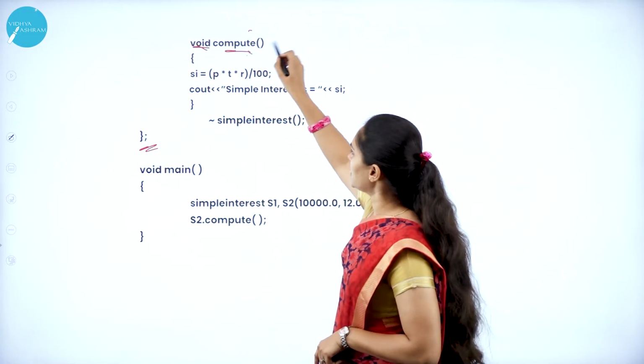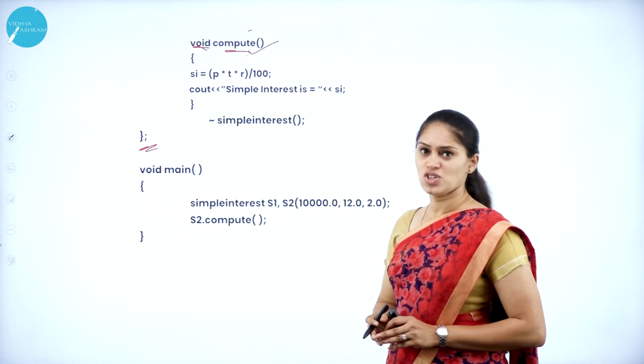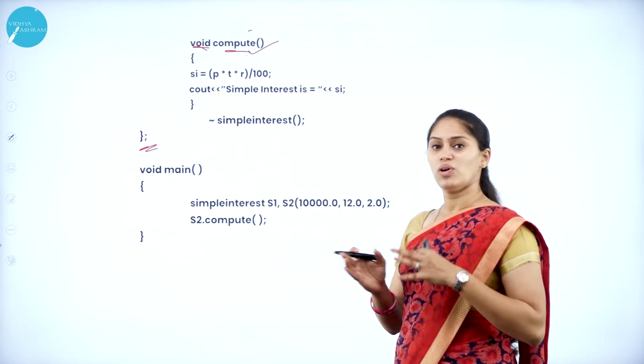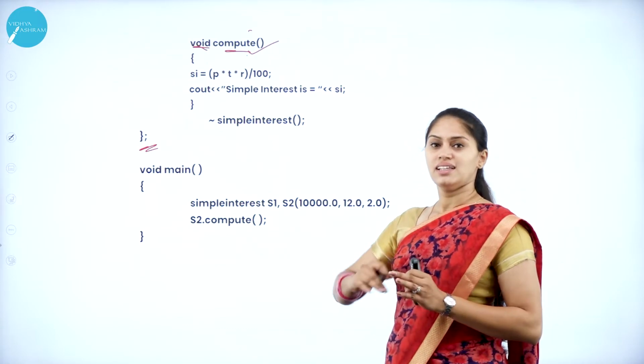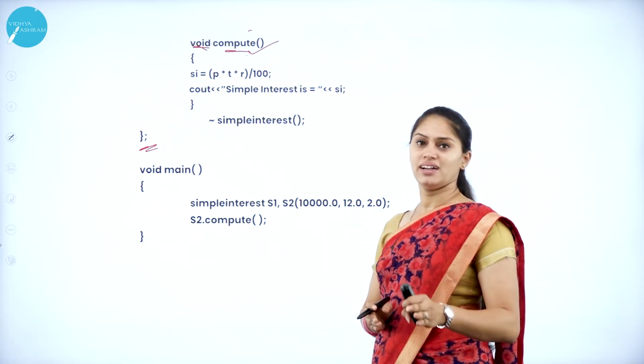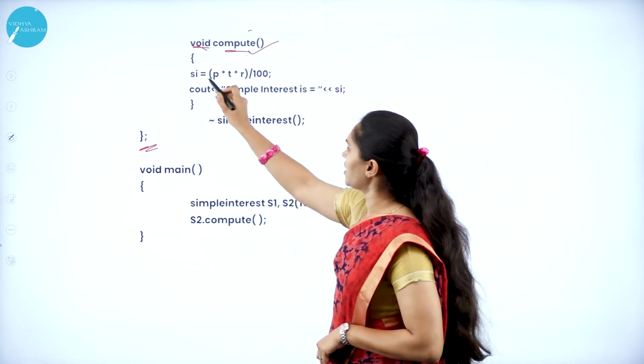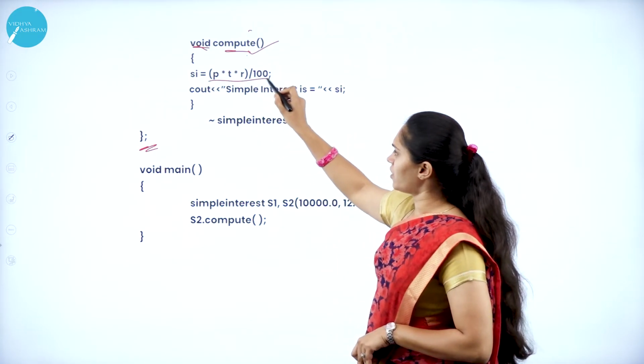Within this compute member function, I am taking the values of p, r, t, multiplying them with each other, then dividing that by 100 in order to get the simple interest. So that's what I am doing here: p, t, r over 100.